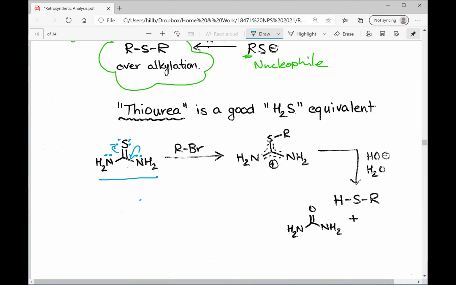So when this sulfur attacks, let me draw it like this. This is SN2. You generate an intermediate which now has a positive charge. And this positive charge, let's draw it like this.